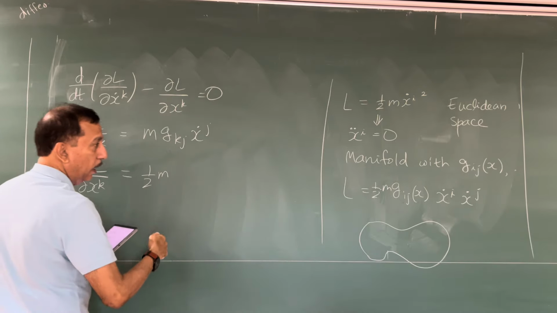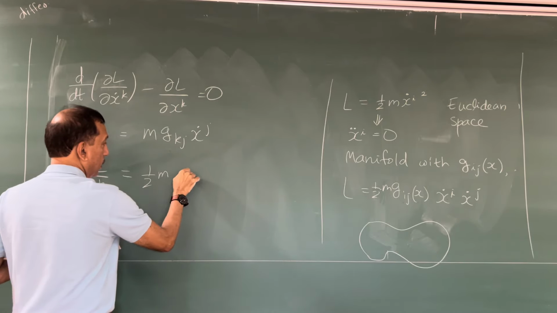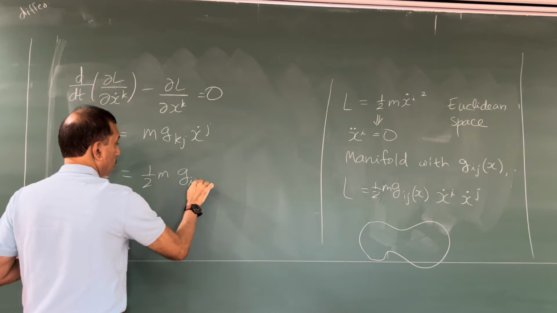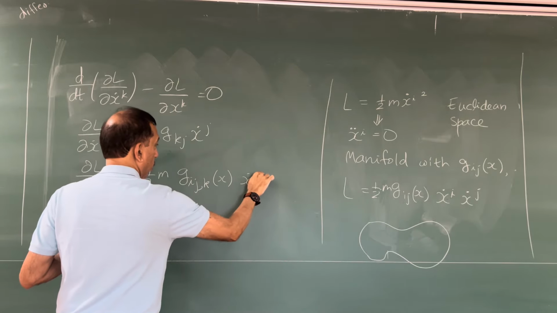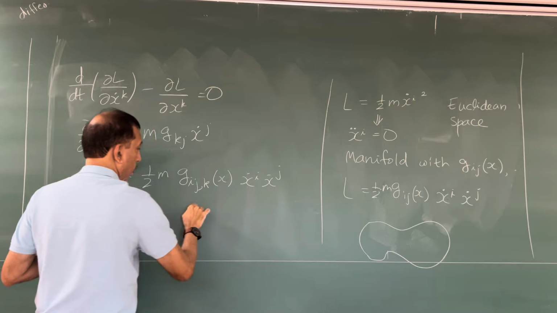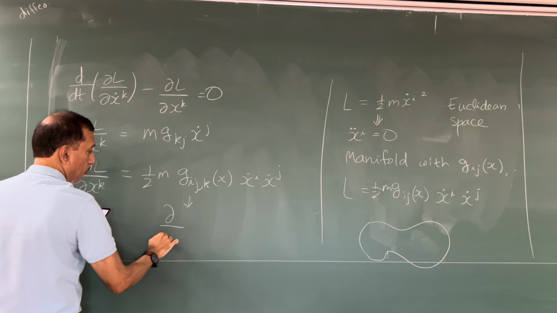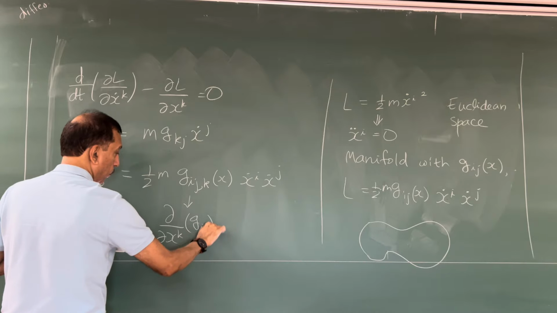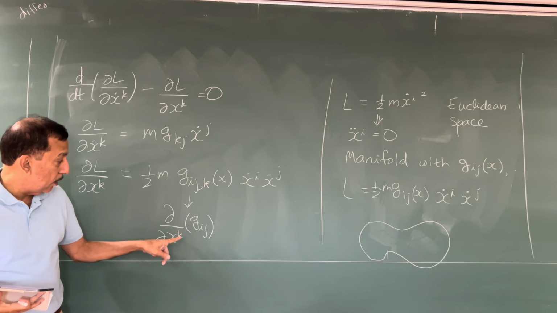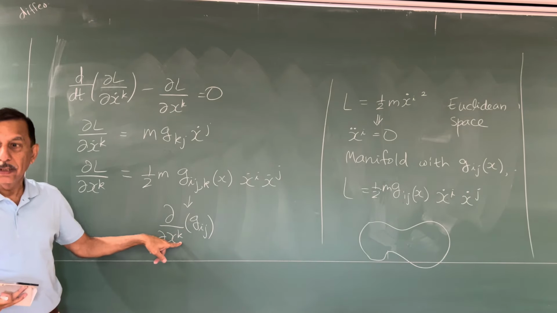Now that g_ij is differentiated in x k, and there's a very nice notation that expresses it. This is nothing but del by del x k of g_ij. When I differentiate in x k, I basically add one more index to the thing.